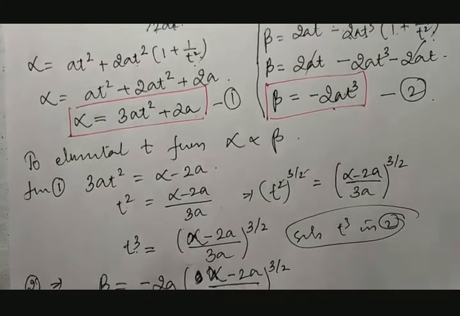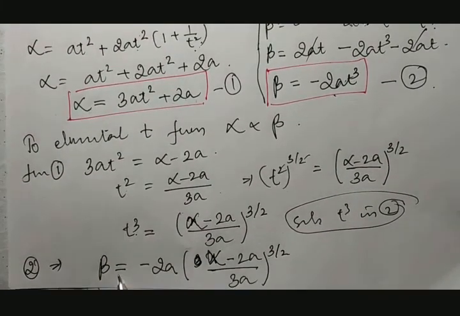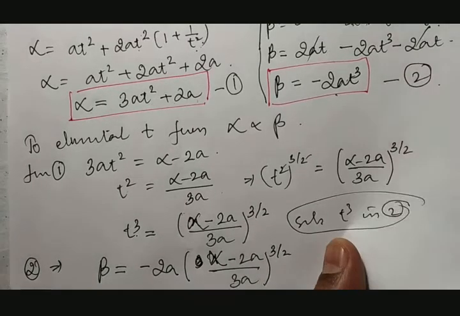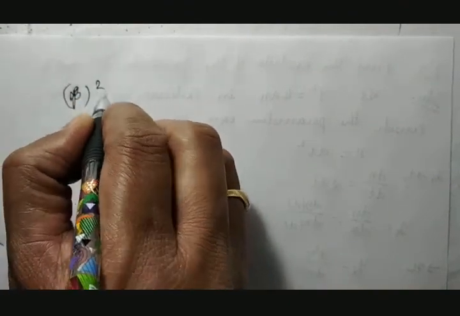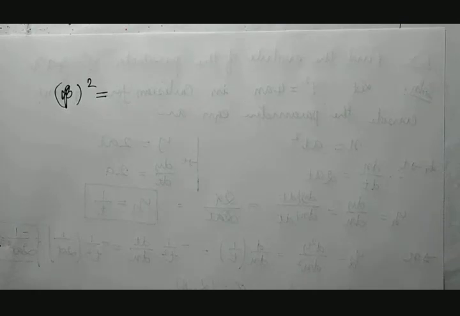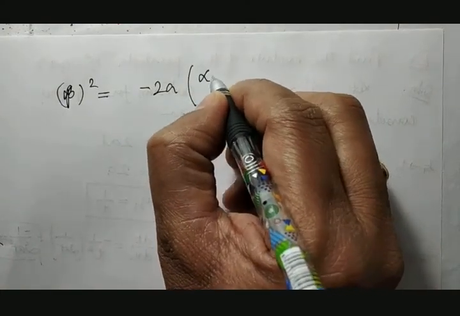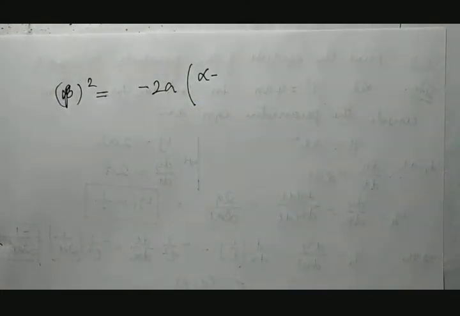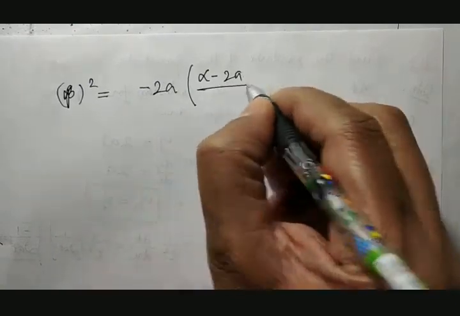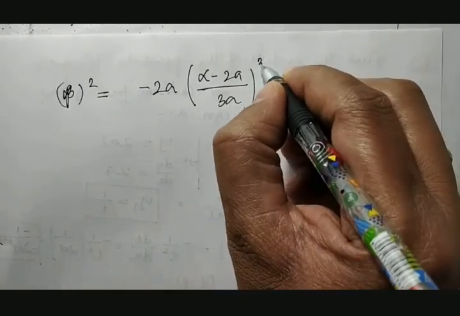Therefore, what do we do? Squaring on both sides. When we apply squaring on both sides, this equation becomes beta square is equal to minus 2a into alpha minus 2a divided by 3a raised to 3 by 2.